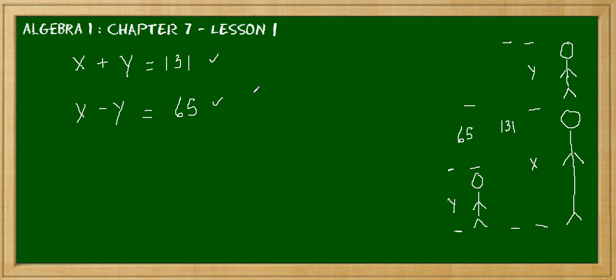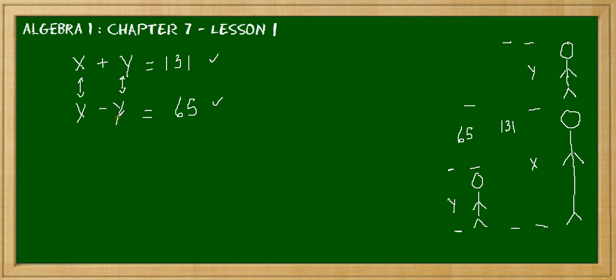Okay, let's take a look at the top of page 285. Because we're working on two equations at the same time, we will call them simultaneous equations. Now, just one thing to note: when we call them simultaneous equations, what we're basically saying is that these x values and these y values are actually the same value.